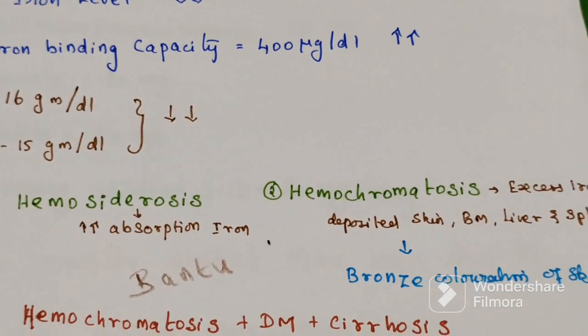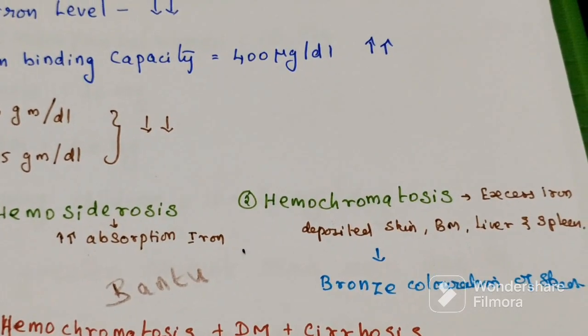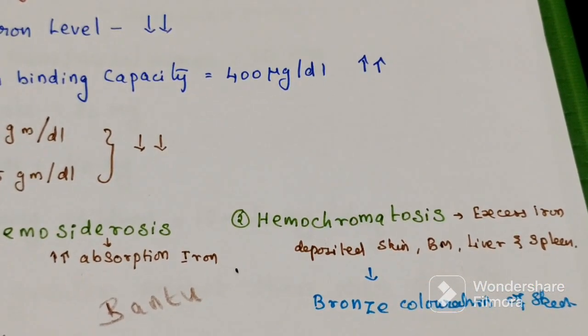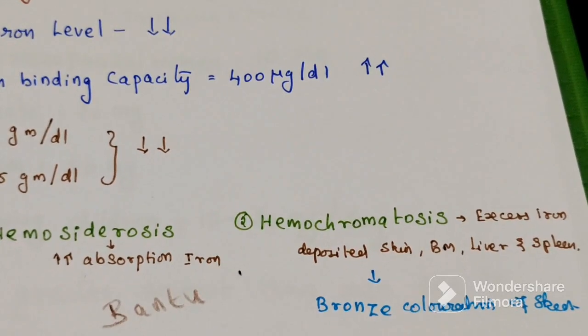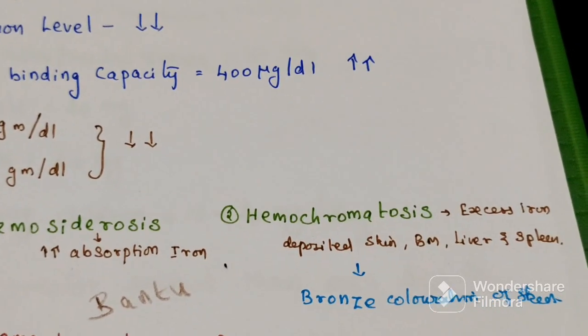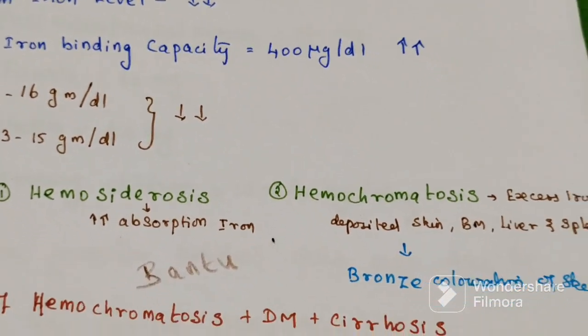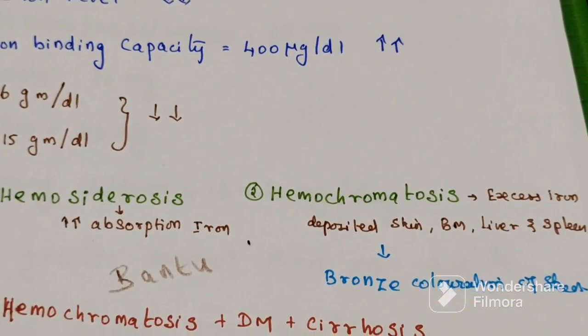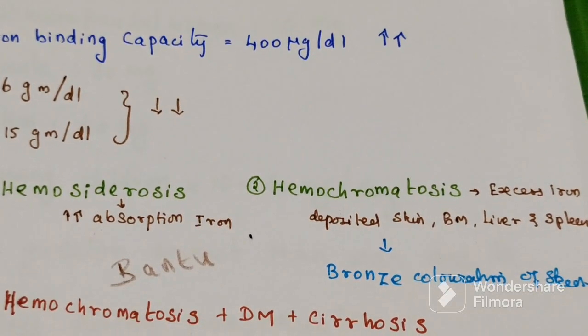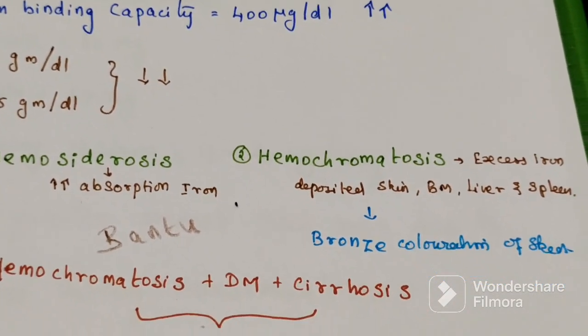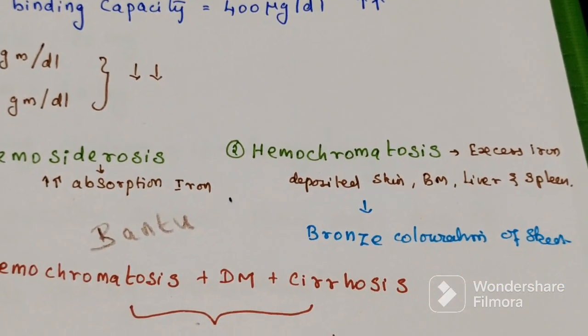Then the second one is hemochromatosis. Excess iron is deposited in skin, bone marrow, liver and spleen. So deposition under the skin gives a yellow to brown color, which is known as discoloration of the skin.